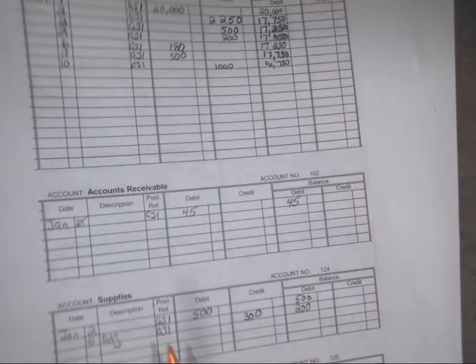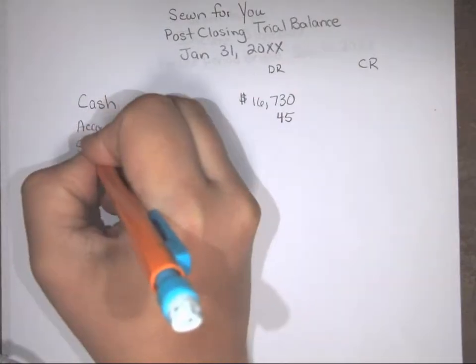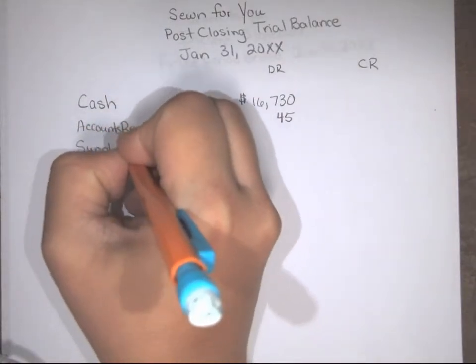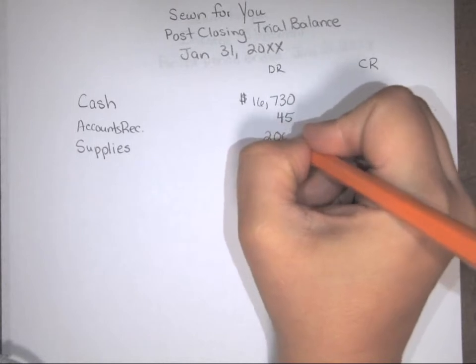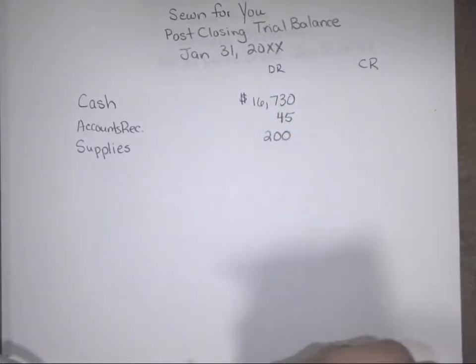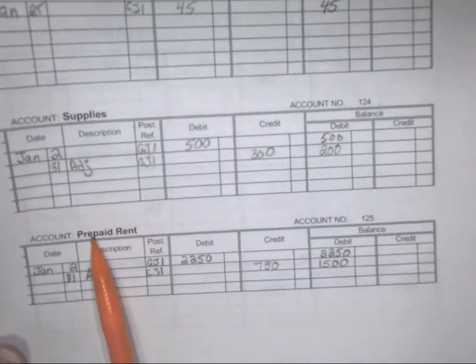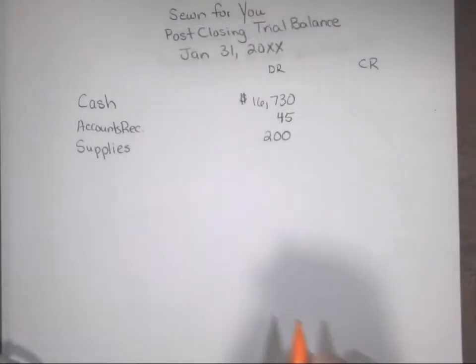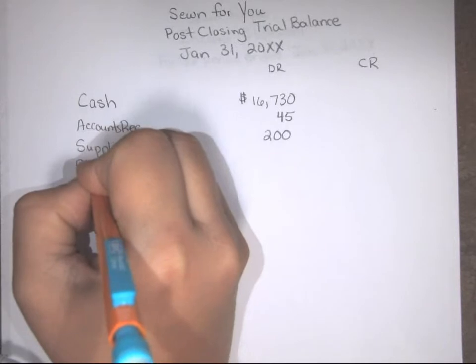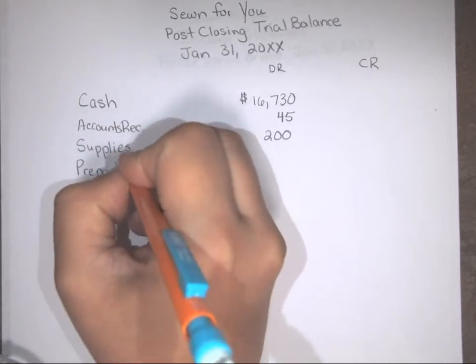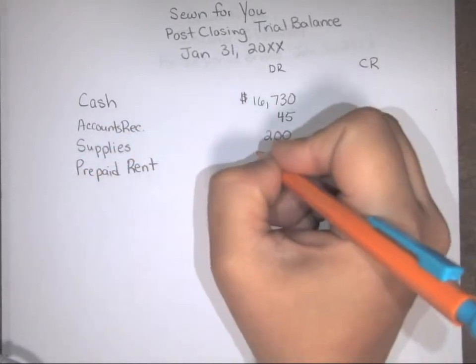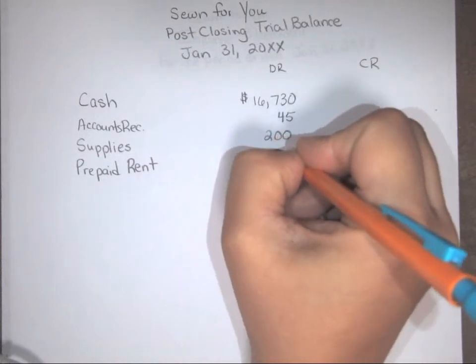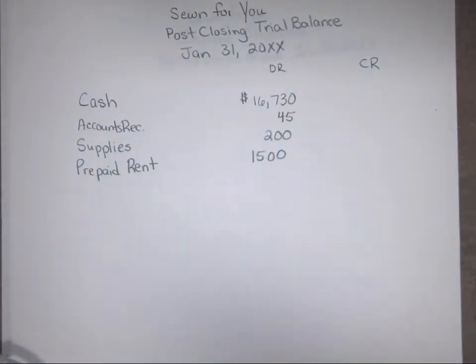Then we have the supplies account with a balance of 200. We have prepaid rent with 1,500. We then would have equipment for 1,500.